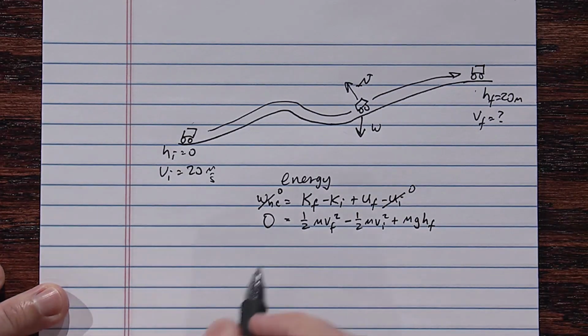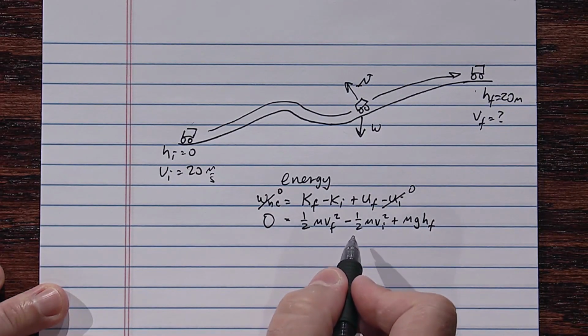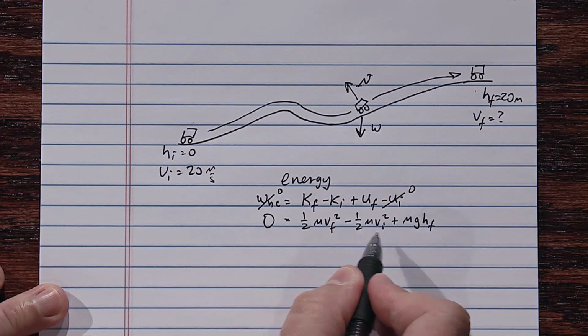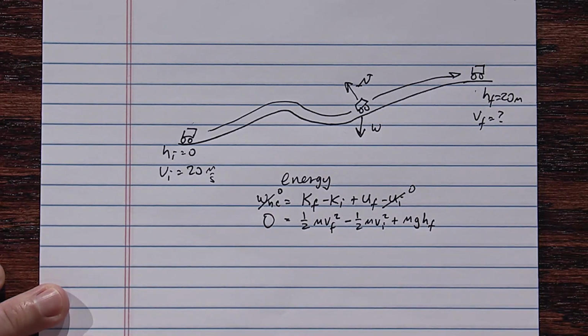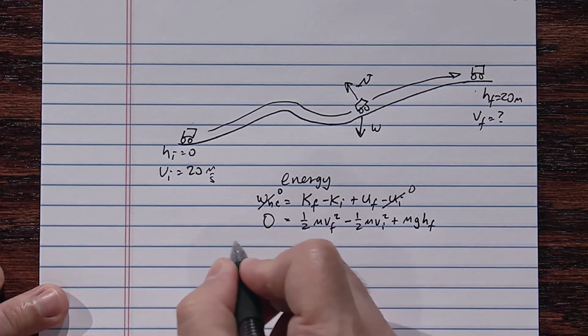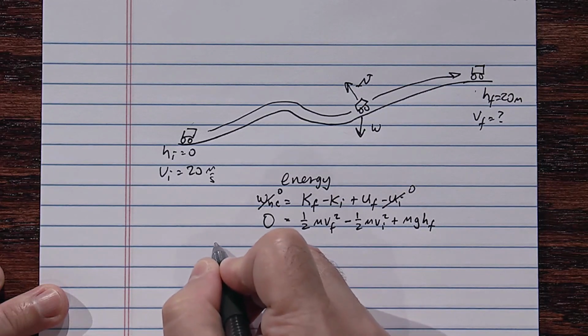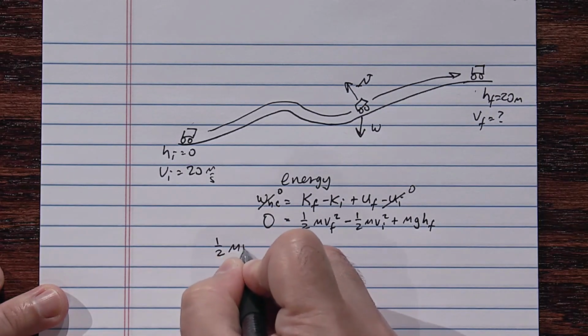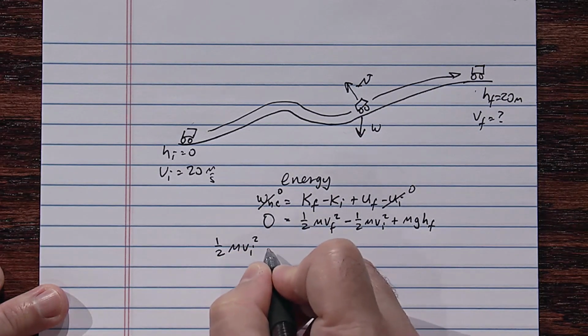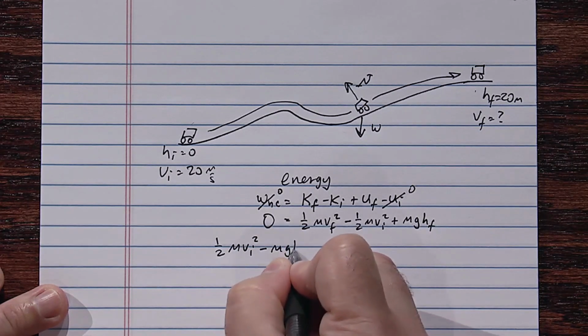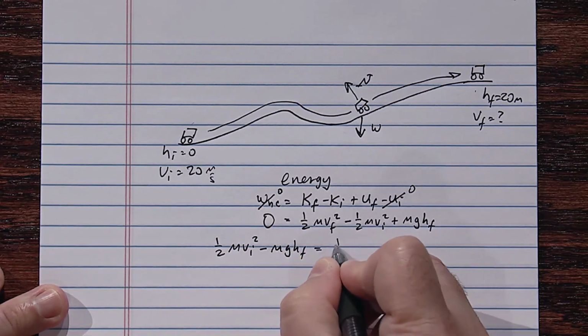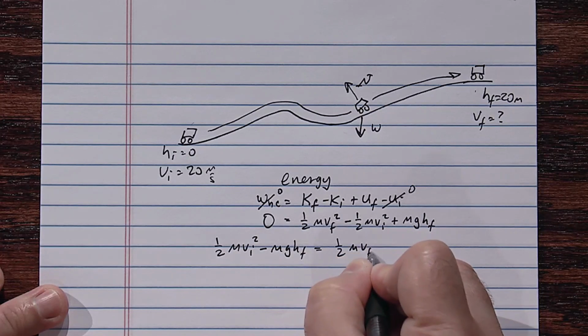And this time what I will do is add 1/2 mv initial squared to both sides and subtract mg height final because we know that we're looking for v final. So I'll write that as 1/2 mv initial squared minus mg height final is equal to 1/2 mv final squared.